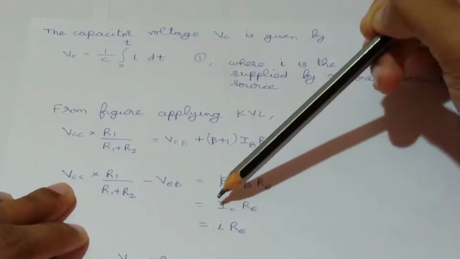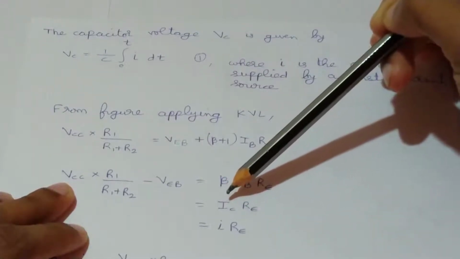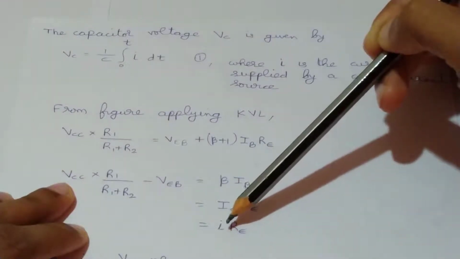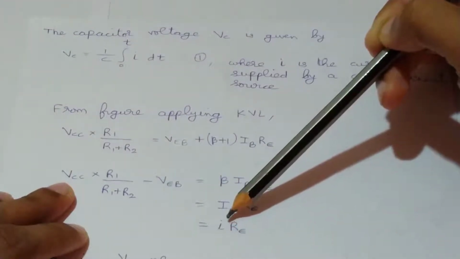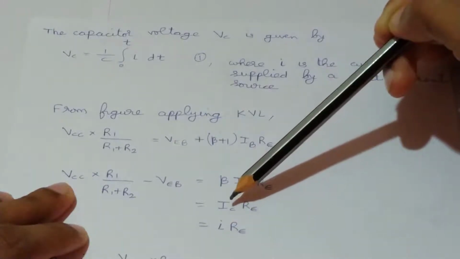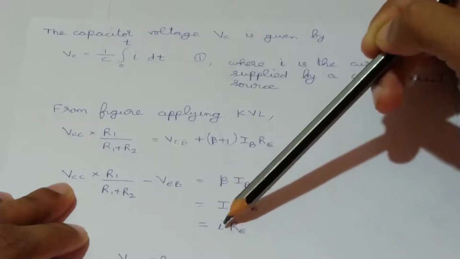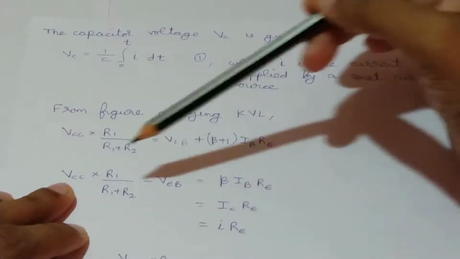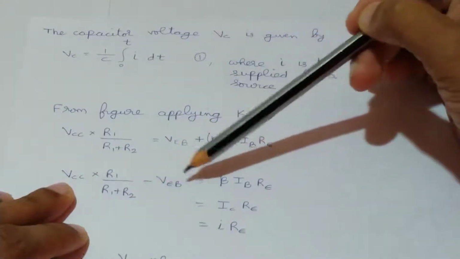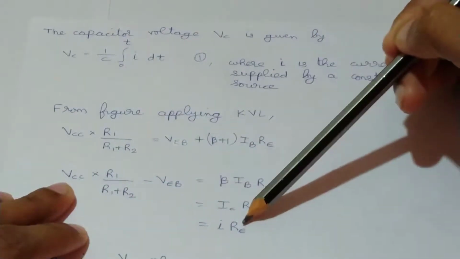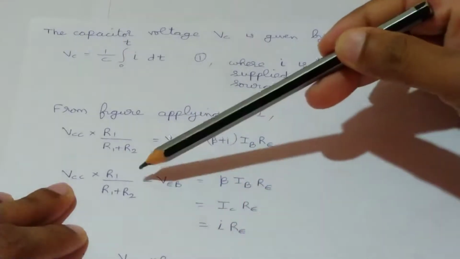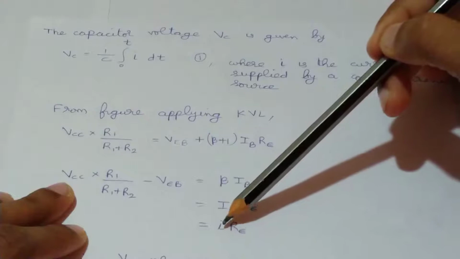We have already stated that the collector current is the constant current supplied by the constant current source to charge the capacitor, so we denote that IC by I. So we get VCC into R1 divided by R1 plus R2 minus VEB is equal to I into RE.